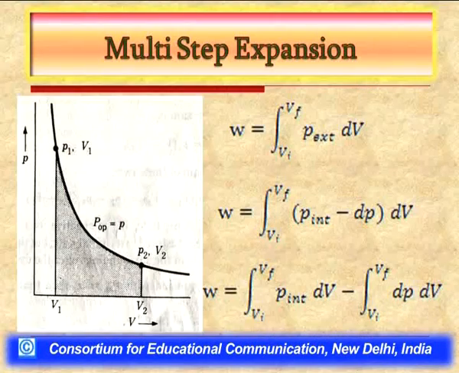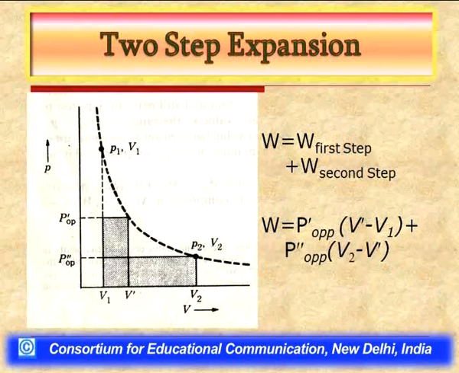Now, here you can easily see the 2-step expansion process, and you can compare this PV diagram with the figure in the single step expansion process. Clearly, there was just a shaded portion which was here only.